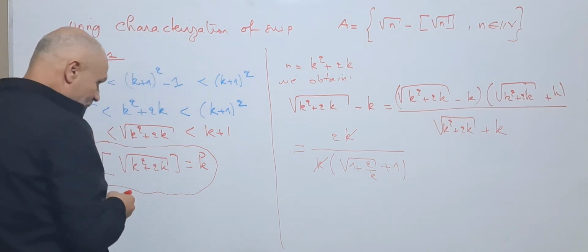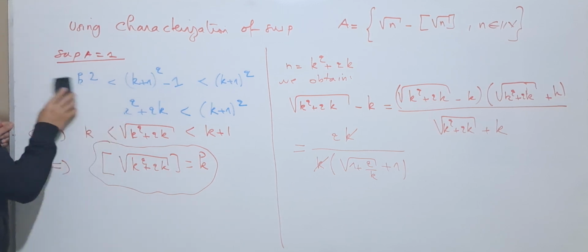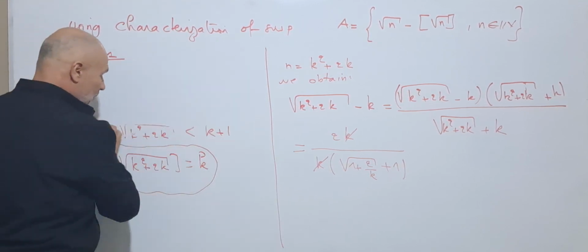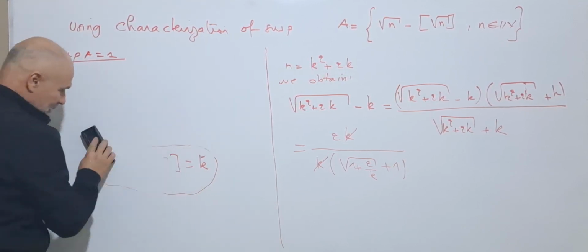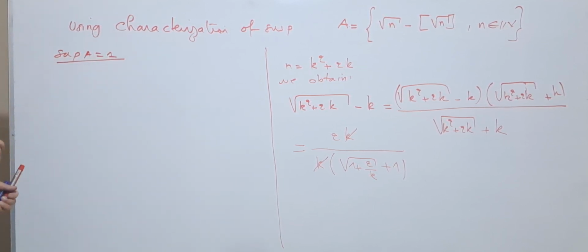For this special choice of the form of n, we get what? Can we find a natural number such that this particular number verifies the property of supremum?